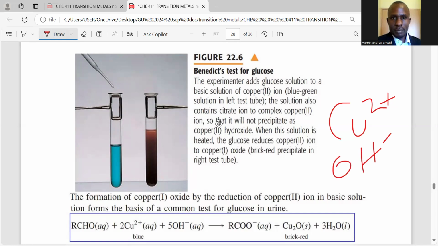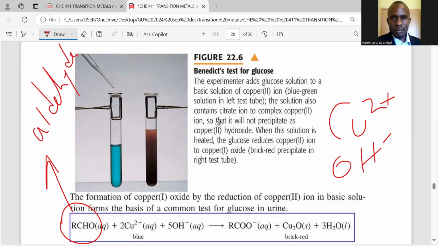You add in glucose. And from chemistry, glucose is basically an aldehyde. How do we represent an aldehyde? We represent it the way we are seeing it there. An aldehyde is simply that with an H and an R there. Then what happens? Your aldehyde is oxidized by copper to give what? Carboxylic acid. So what is a carboxylic acid?